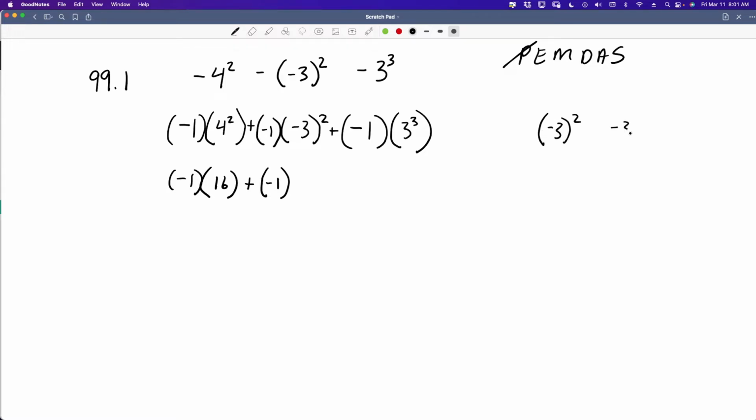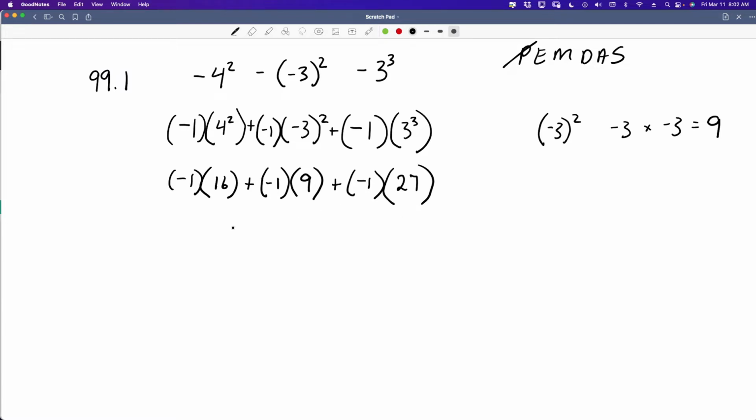So that would be negative 3 times negative 3, which would be a positive 9 because a negative times a negative is a positive. So that would be a positive 9 here, plus a negative 1, and then we have 3 times 3 times 3, that would be 27.